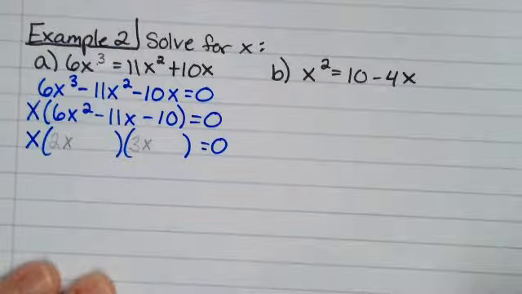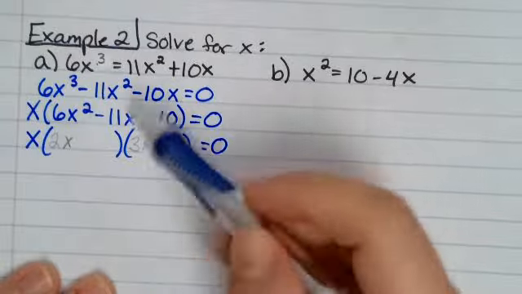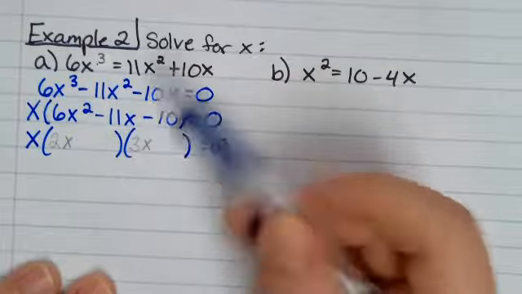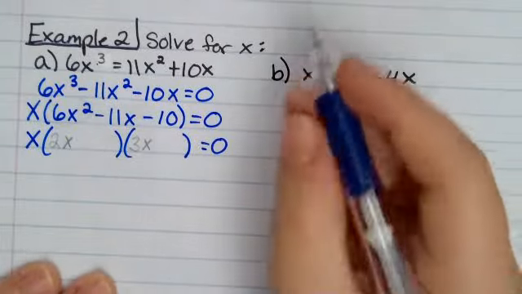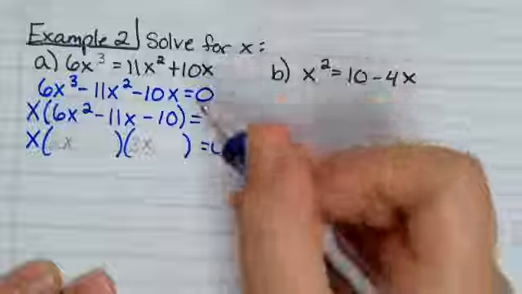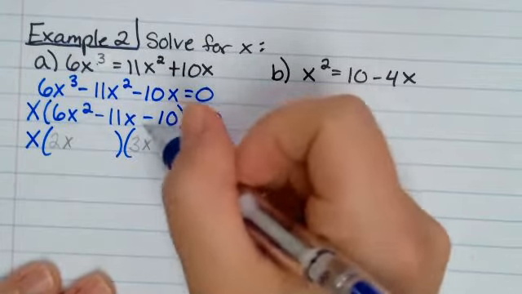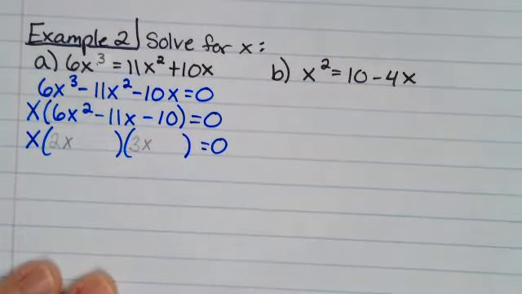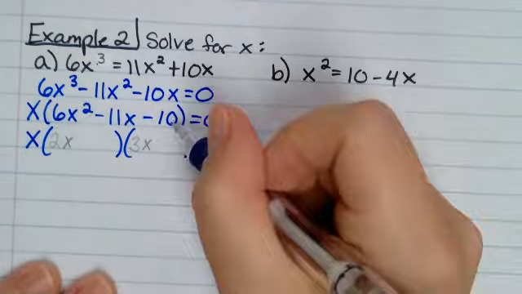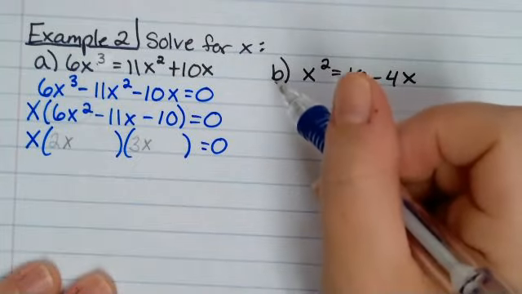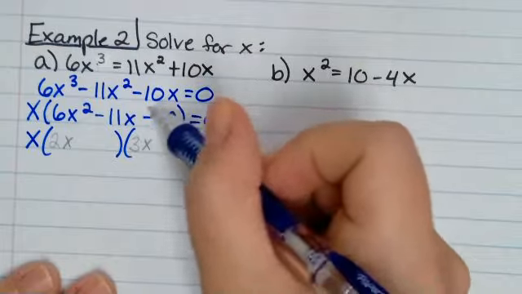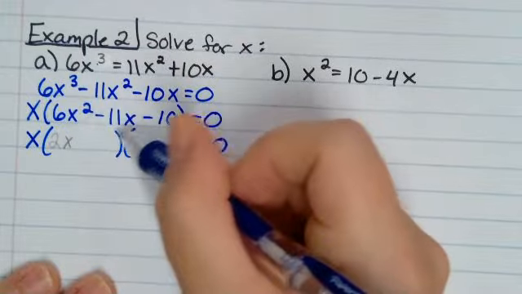So let's try something. I also know that once this is all said and done, the 2 middle terms are going to have to add to make a negative 11. So, here's the deal. When I see this right here, negative 10, and I know the numbers have to multiply to be that, what you guys might be tempted to do is say that they are multiplying to be negative 10, but adding to be a negative 11.